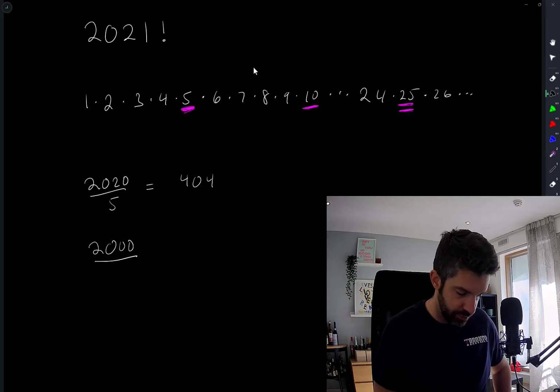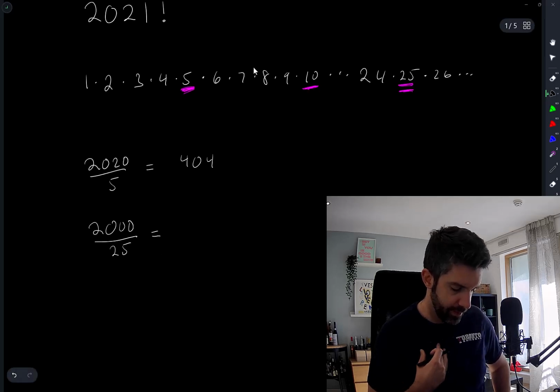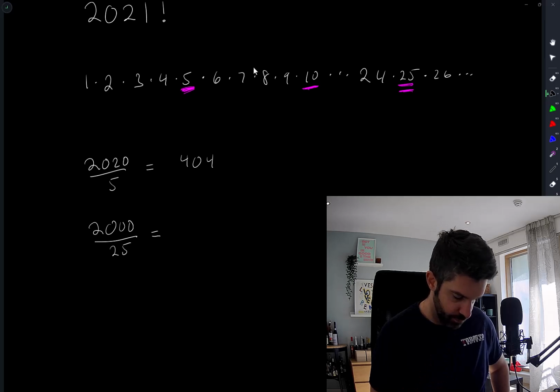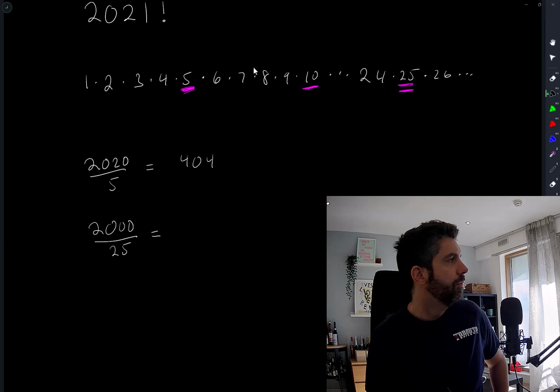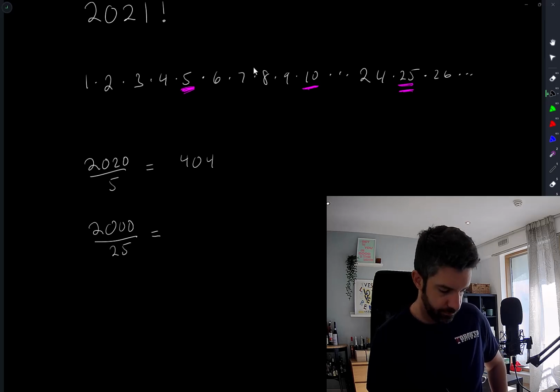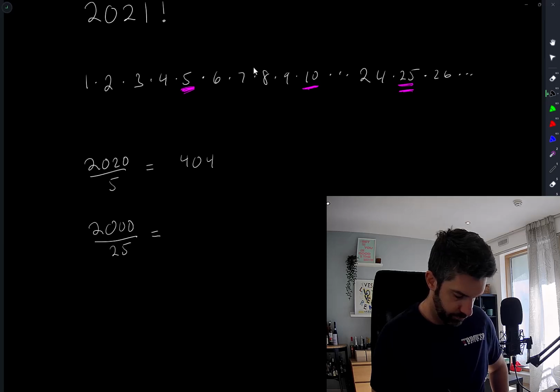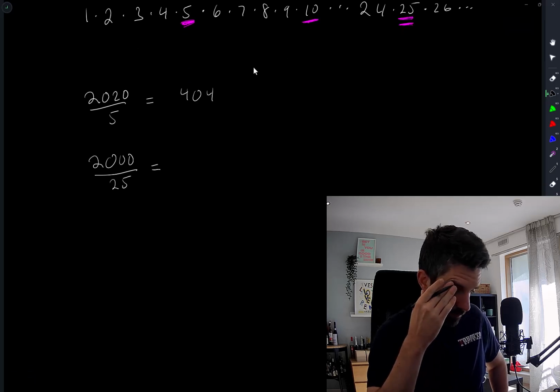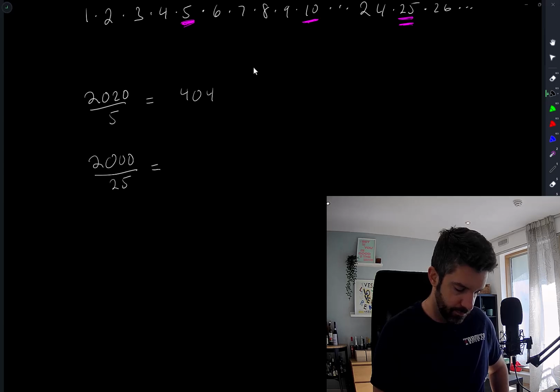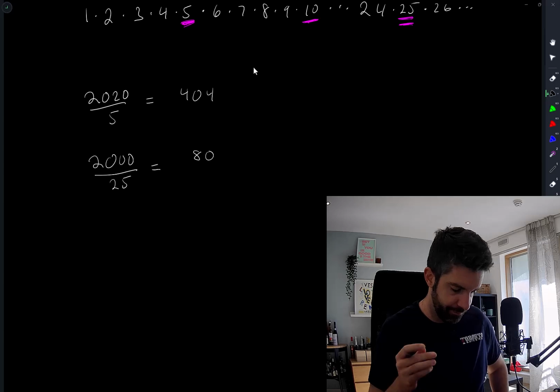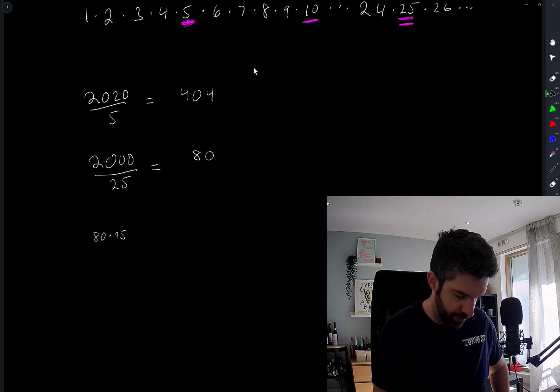So now we need 2000 divided by 25, which is four... Is it 80? 80 times 25 is equal to 4 times 20 times 25, which is 20 times 100, which is 2000.